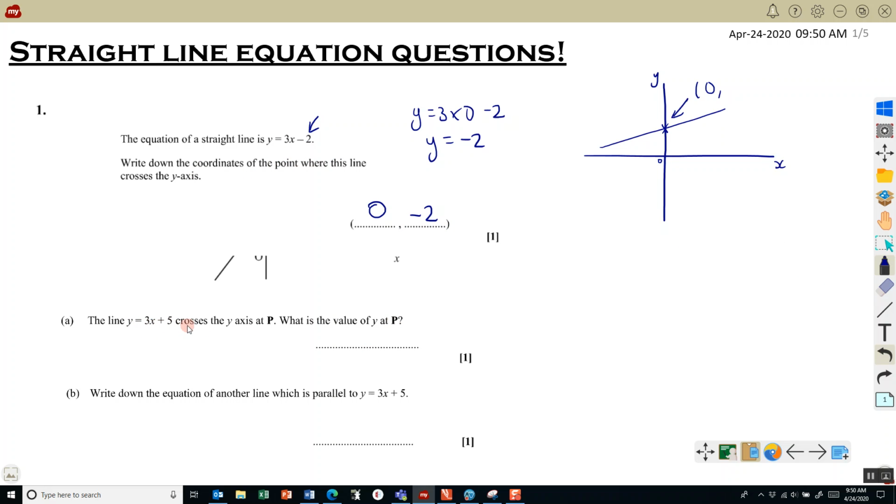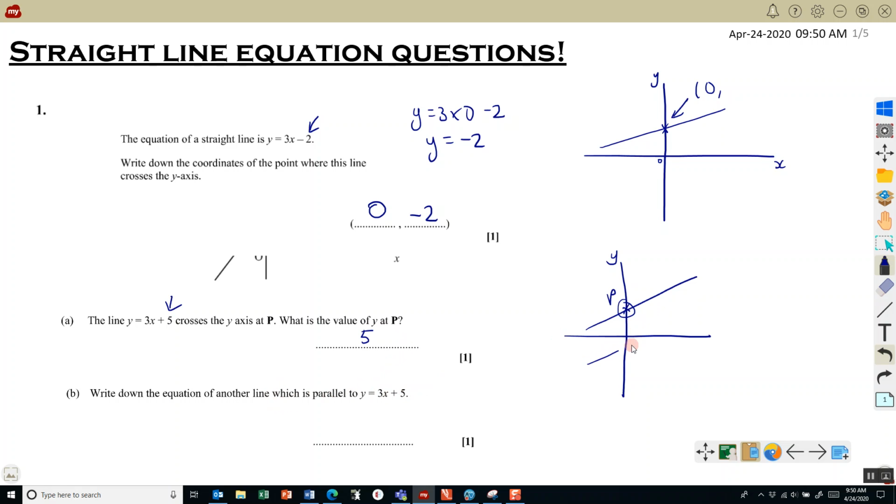The line y equals 3x plus 5 crosses the y-axis at p. What is the value of p? If it crosses at p, we know that this is the y-intercept, so that is 5. We have to write down another line which is parallel.